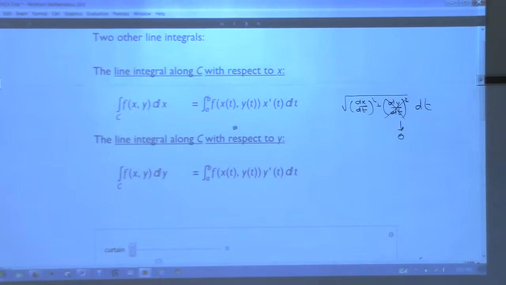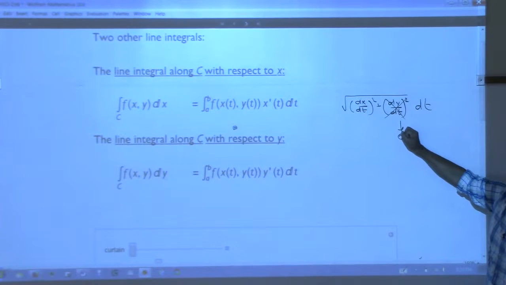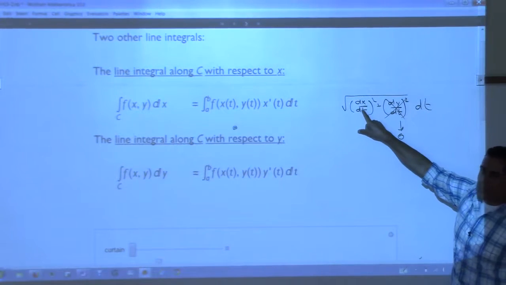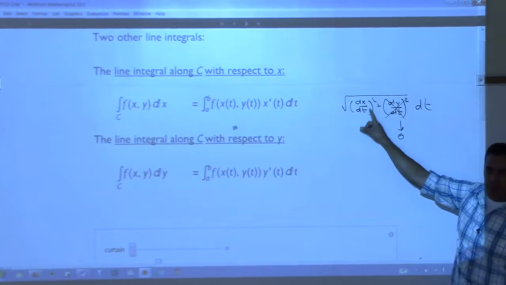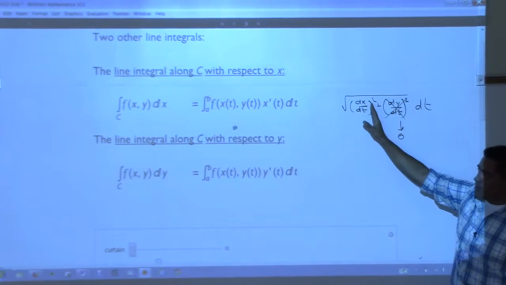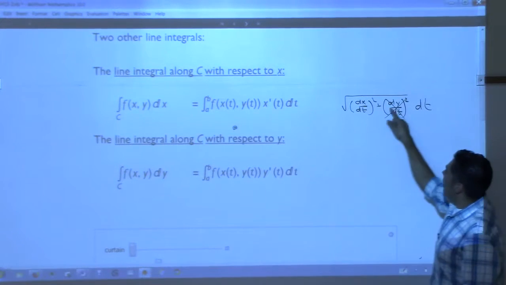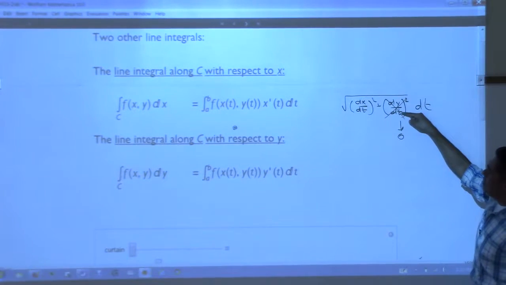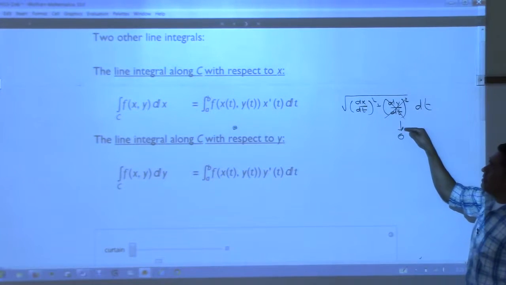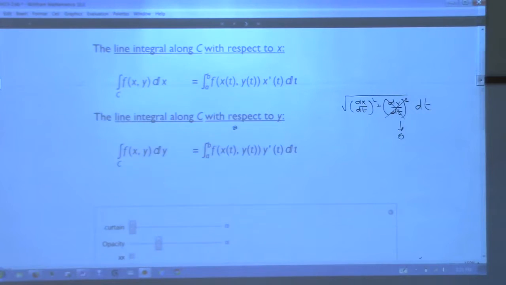It's saying that the derivative of y with respect to t is 0. And if that's 0, that's just the square root of the derivative of x with respect to t squared, which is just the derivative of x with respect to t, right? So if the derivative of y with respect to t is 0, that means that the y is being held constant.